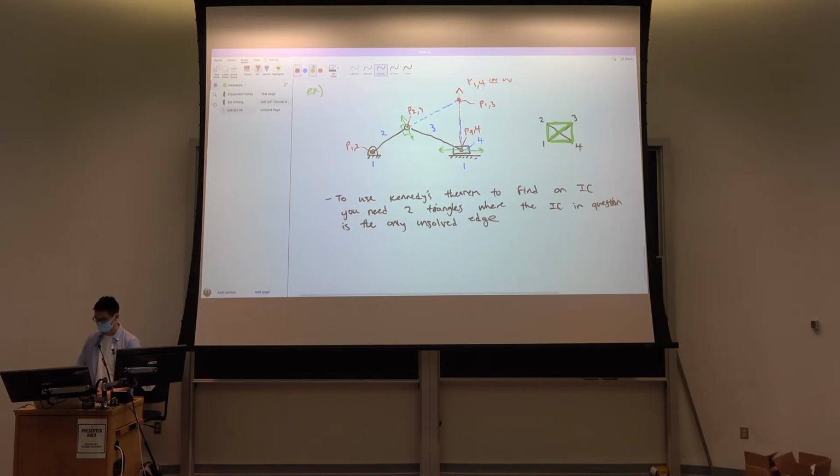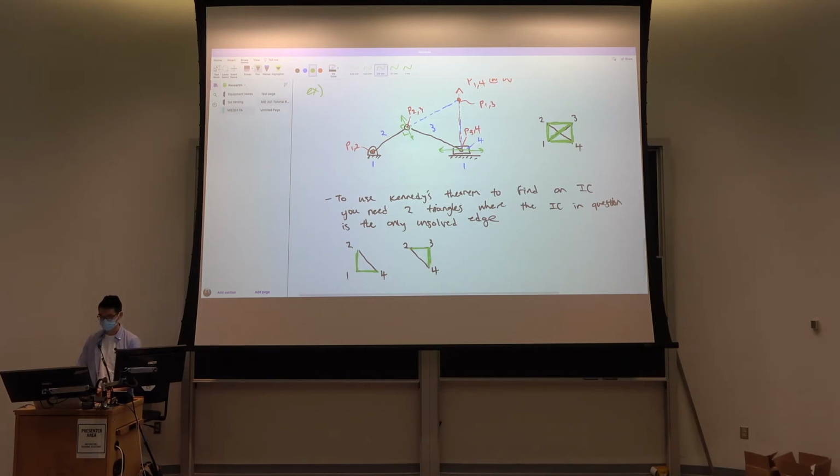I think this case is a little more straightforward because there are only two triangles that have that as an edge. In this case, we have 2, 4, 1, and the opposite, 2, 3, 4, right? And we've already found 1, 2, and 1, 4, and we've already found 2, 3, and 3, 4.